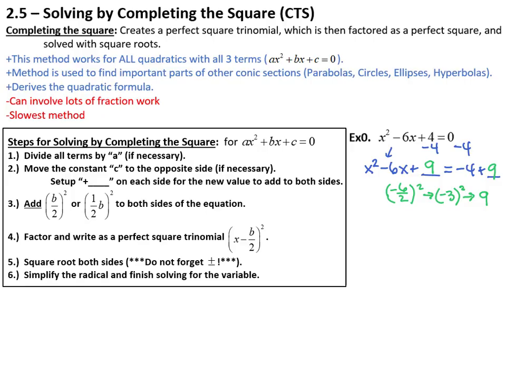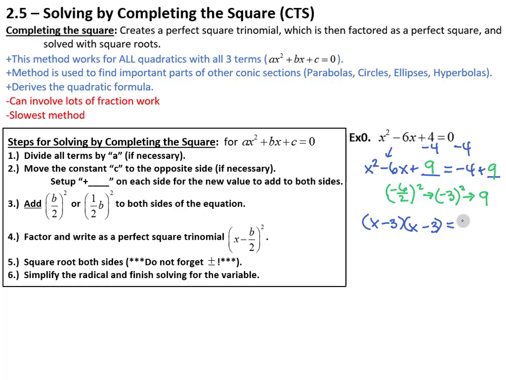Okay, so if we were factoring this the long way, and I'll show you a way that makes it a little bit shorter, the two numbers that multiply to positive 9 and add up to negative 6 are negative 3 and negative 3. So x minus 3 and x minus 3. Okay, on this side, we can combine these two terms.